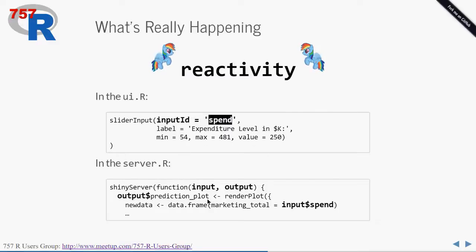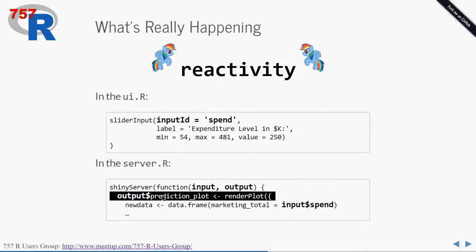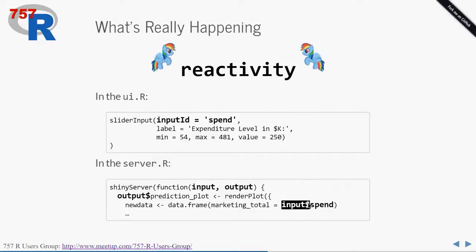On the server side, you'll notice it had this function that every Shiny server has, which is shinyServer as a function of input and output. And it says, let's output something called prediction plot. And inside it had all that code about what I was doing to make the plot. But you'll notice it depended on something called input$spend.